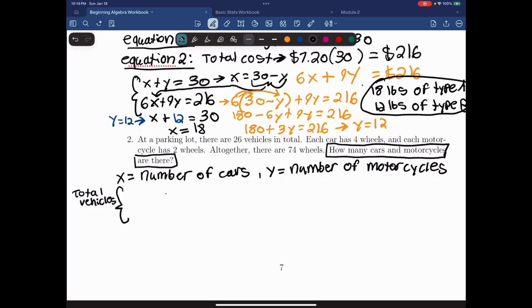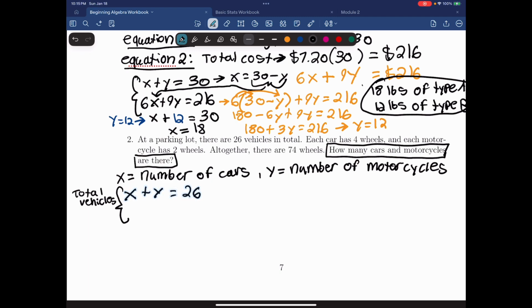So I'm going to set whatever this equation happens to be equal to 26. And we know that if we added all the cars and all the motorcycles together, we'd have to have it equal to 26. So this first equation is just simply x plus y.